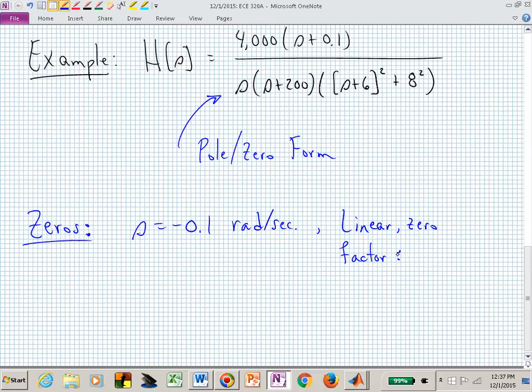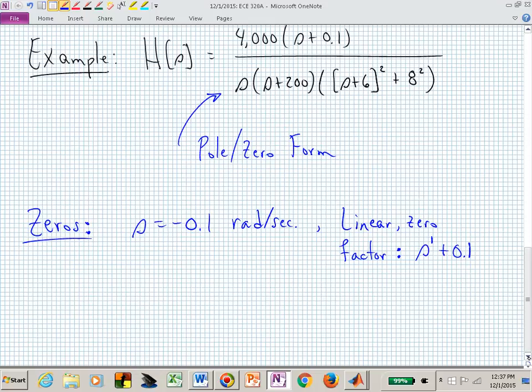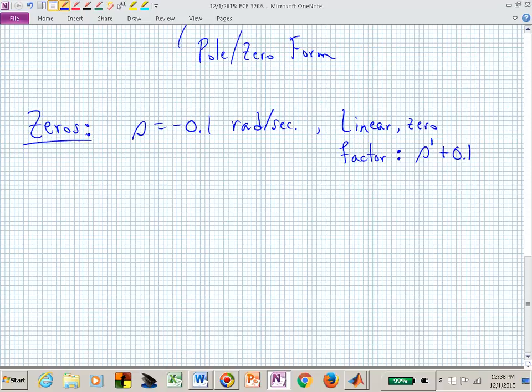The reason we're calling it a linear zero factor is because we have s plus 0.1, and I'm emphasizing the power of that s. The power is 1. That factor is then linear in s because of just raising s to the first power, and it now has a finite root or number that will cause that factor to vanish.